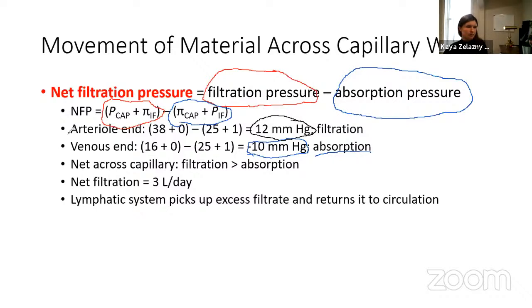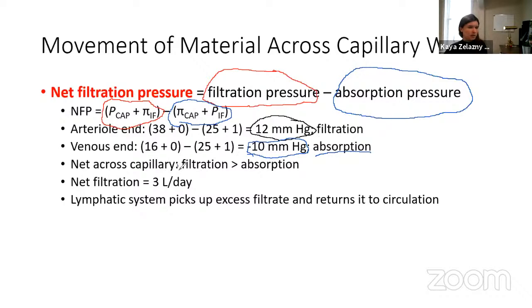Now, we see that at the arteriolar end, in total, we have filtration. At the venous end, in total, we have absorption. So this is what's happening at kind of a micro level. If we do look at the capillary as a whole, we can see that there's 12 for filtration at the arteriolar end, and then 10 in the opposite direction for absorption at the venous end.